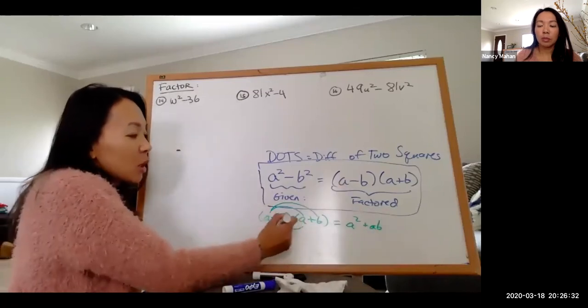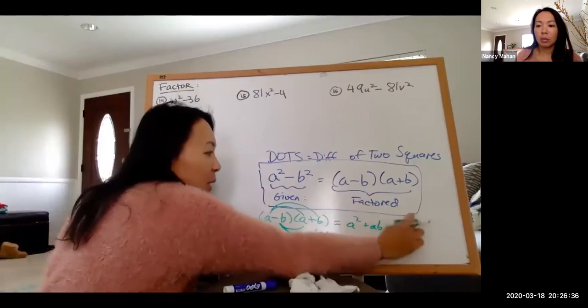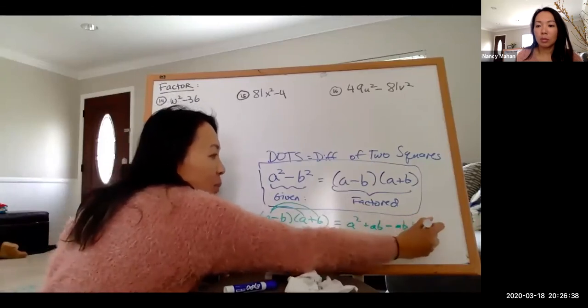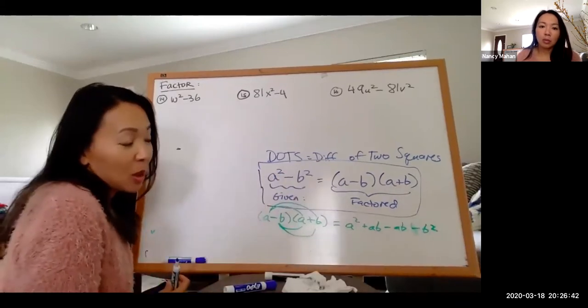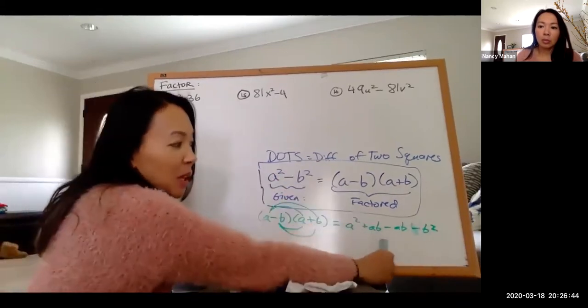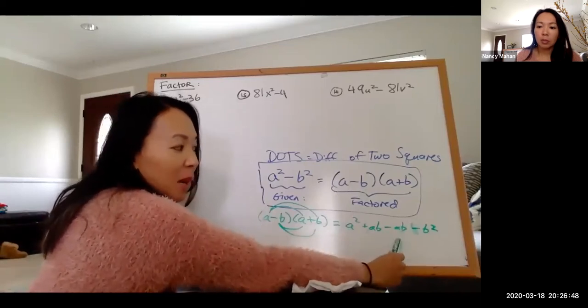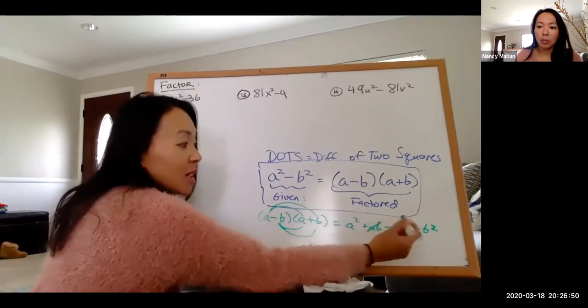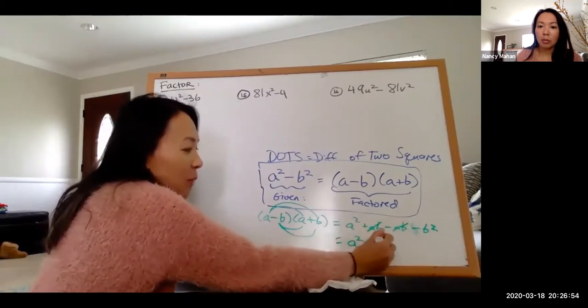And then you would distribute the bottom, so you get minus AB minus B squared. Then you combine like terms. AB and AB are the same terms: plus AB minus AB, so you end up getting 0. So you end up with A squared minus B squared.